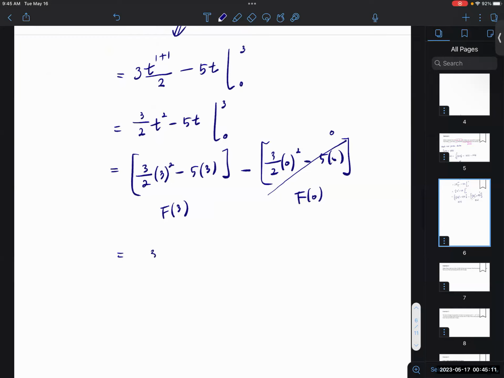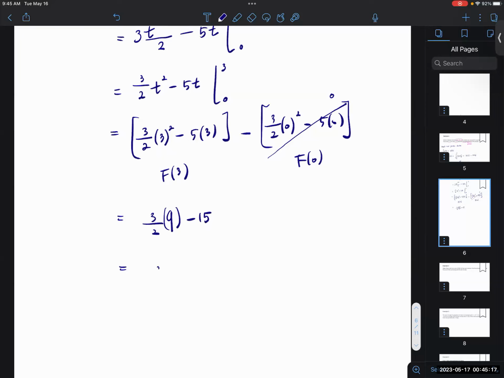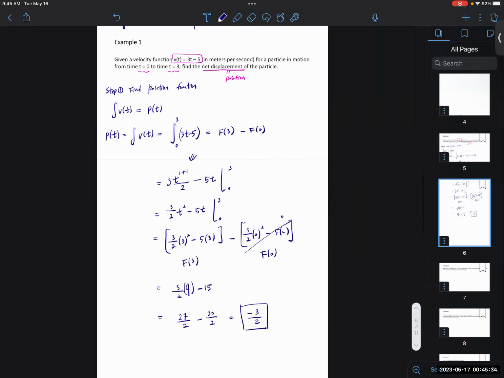Therefore, 3 over 2 times 9 minus 15. If you calculate it, this is going to be 27 over 2. And I can change the 15, having the same common denominator, 30 over 2. So the negative 3 over 2 is the net change in this question between 0 to 3.